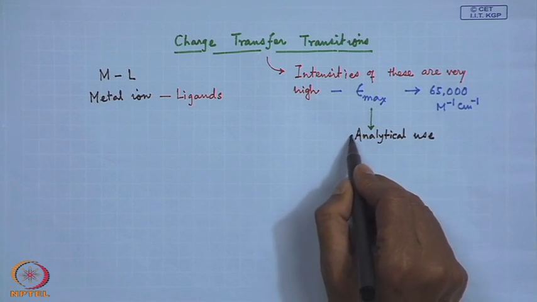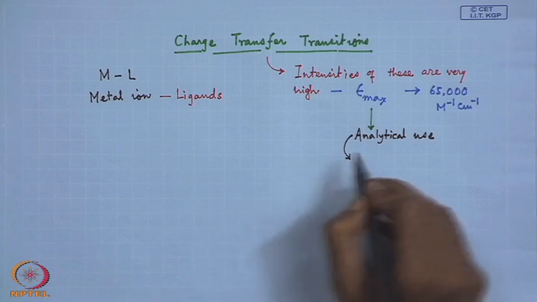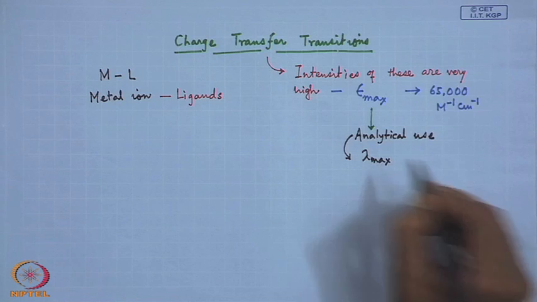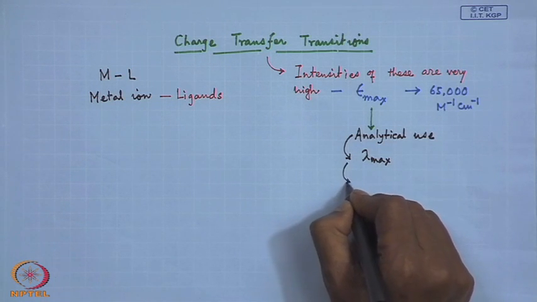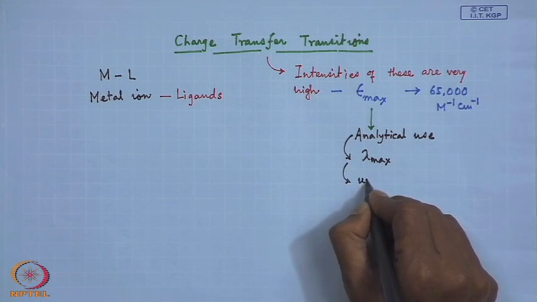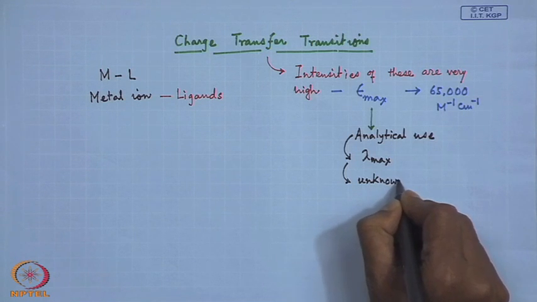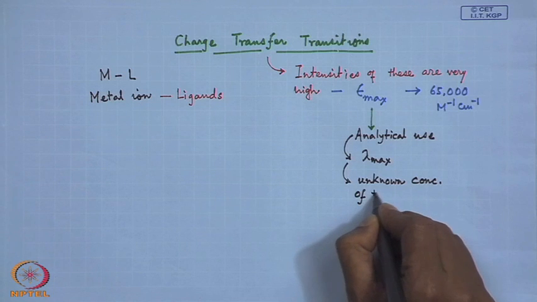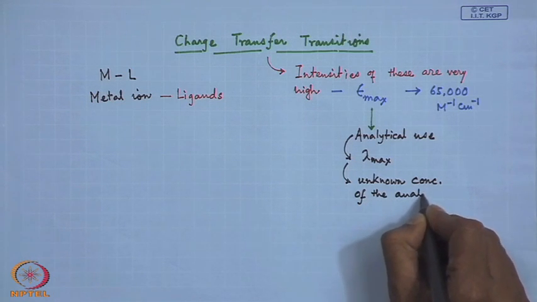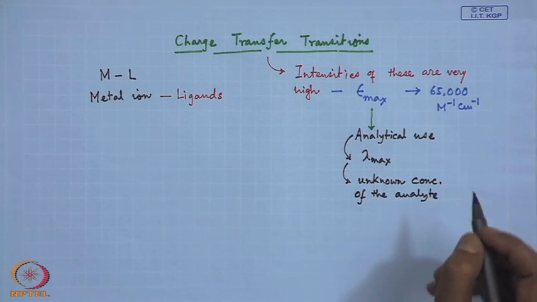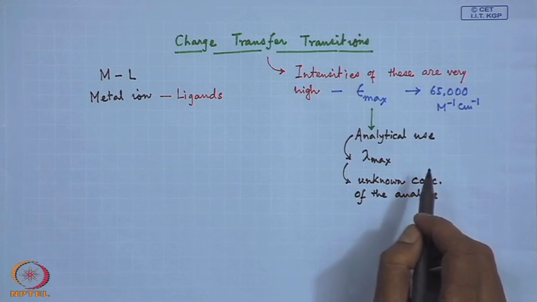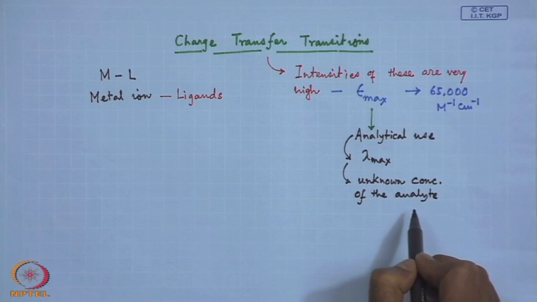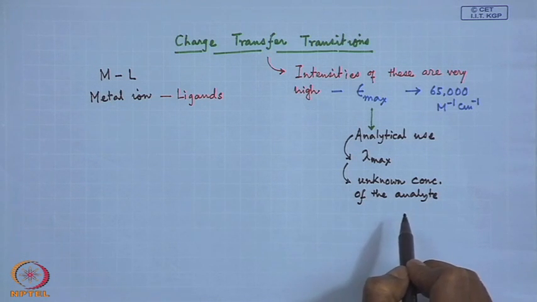Using that particular lambda max value, we can detect the unknown concentration of the analyte. That means we can go down to a very low concentration for any unknown analyte if it can show a charge transfer transition.